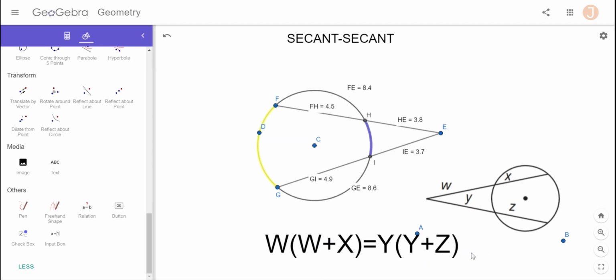Right here is the formula that we know from the segments of a secant-secant angle.